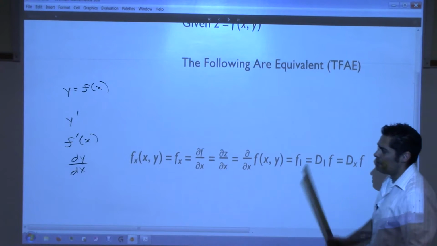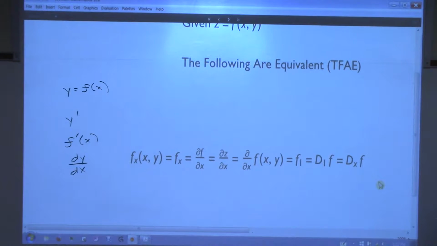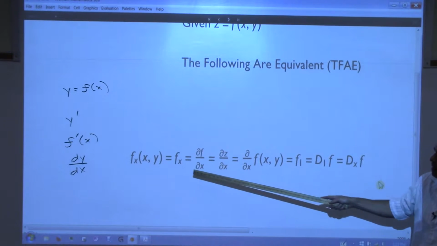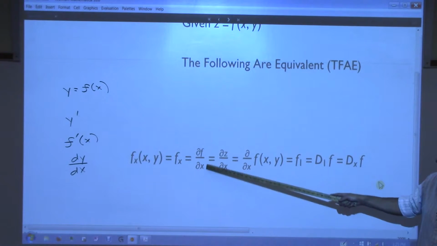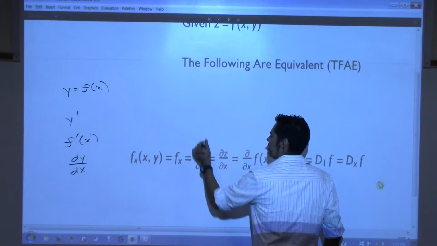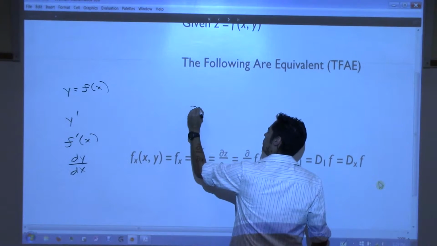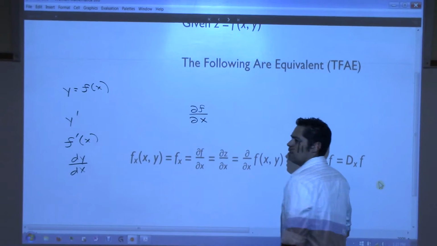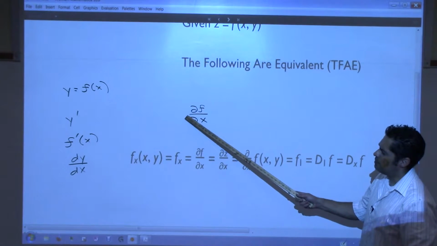We have the same sort of thing when it comes to partial derivatives. This is the same as this, which is what I was just using. And then this right here, which is not dy dx, okay? This is partial. The way that you know it's the partial is we use this symbol right here.